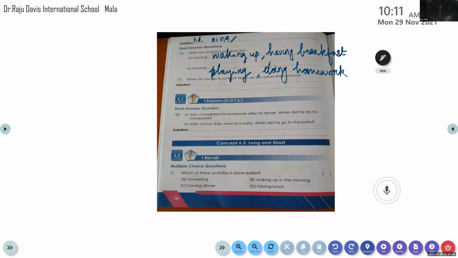Cycling, yes, you can write, no problem. Going to temple. Yes, very good. Playing, doing homework.